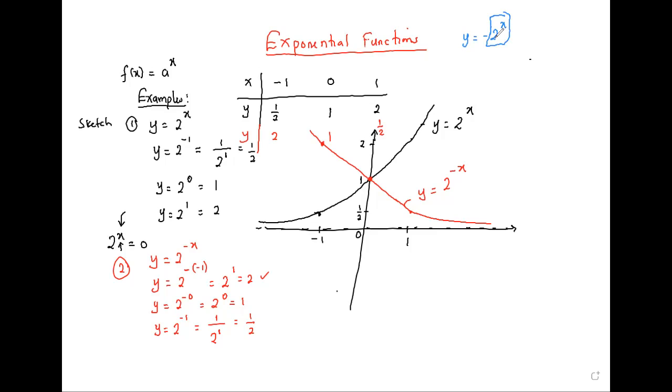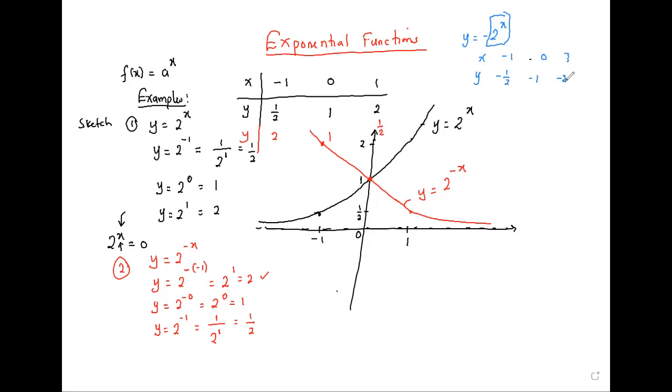So it means that all the values will just become negative, negative, negative. So I'll make the table here again. This is x. So I have negative 1, 0, 1. And then this is y. So for negative, we got half, but now it has to be negative half. And then we got 1, it has to be negative 1. We got 2, it has to be negative 2.